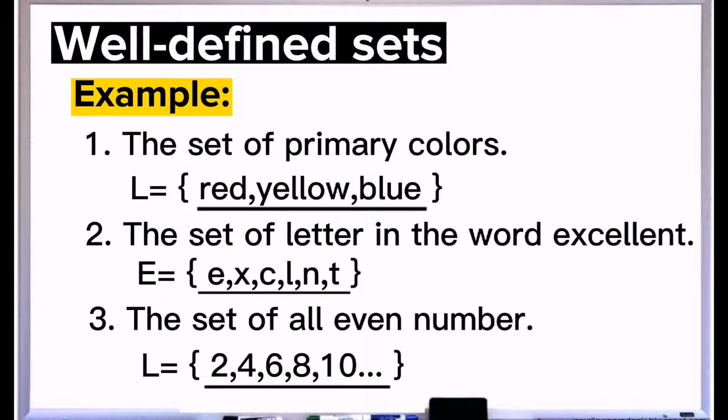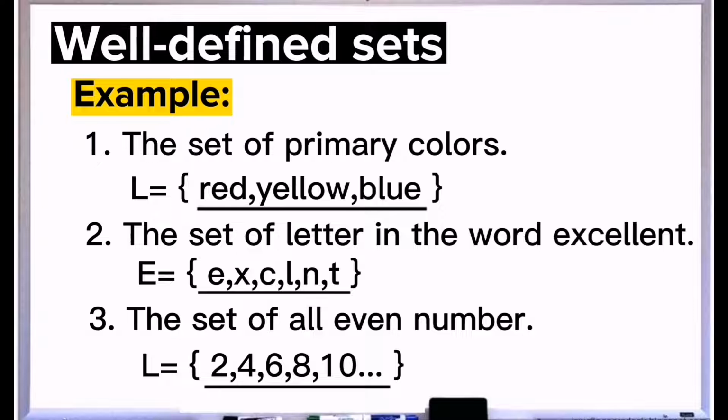Here are some examples of well-defined sets. Number 1. The set of primary colors. We let the name of the set be L and the primary colors are red, yellow, and blue. So we write that set L is equal to red, yellow, and blue. Number 2. The set of letters in the word excellent.